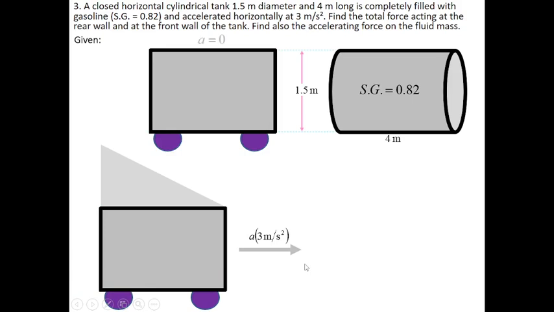Okay, let's now continue. So this part has an acceleration of 0, and we have the rear end of the tank and the front end of the tank. So we have the rear force and the front force. And this is 1.5 meter. Okay, this is the diameter of the tank.